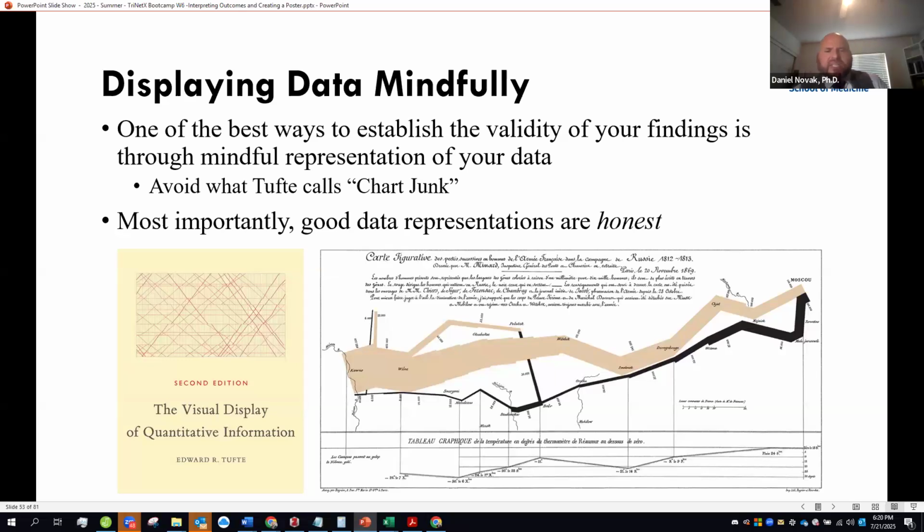There's a guy, Edward Tufte, who was very famous in the 2000s, and he still is around. I believe he was at MIT for a long time, but he developed a series of books, the most famous of which is The Visual Display of Quantitative Information. In it, he had a very strong bias against the ways that visual representations of data had been co-opted in the office of the 80s and 90s.